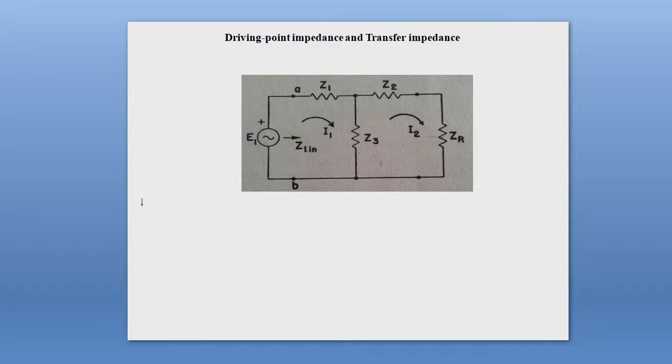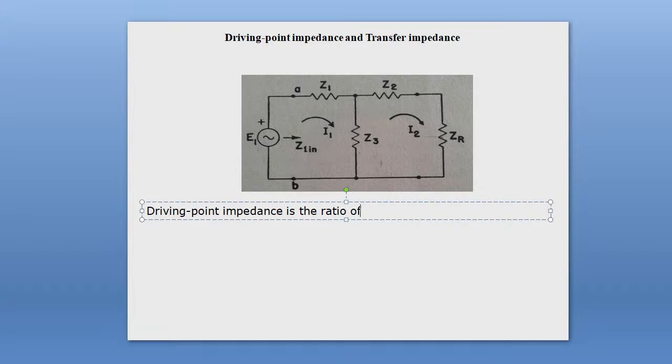The driving point impedance for a network can be defined as the ratio of source voltage to source current.